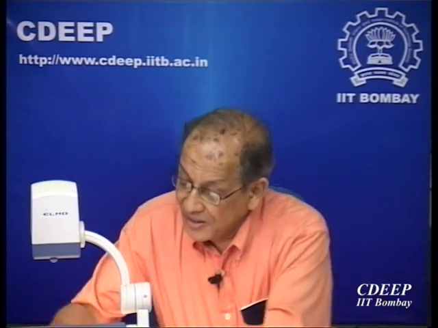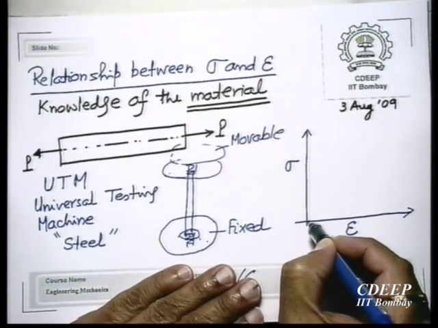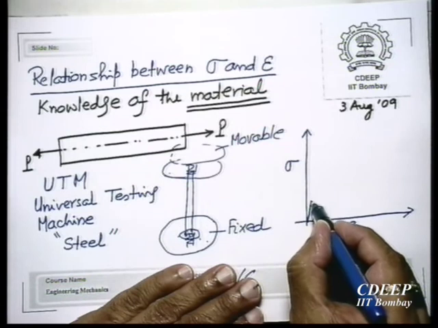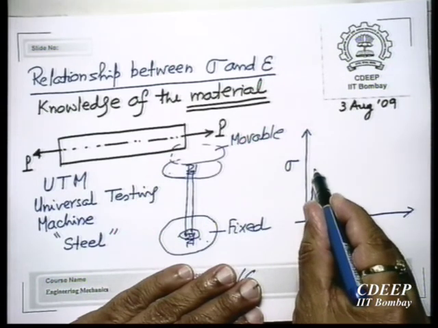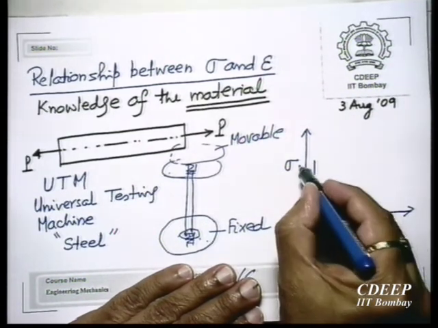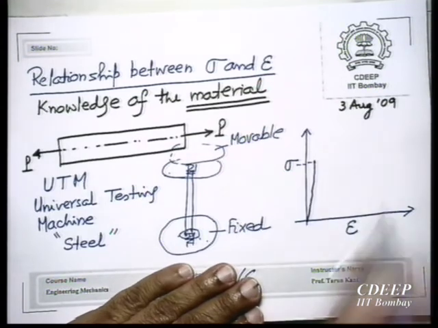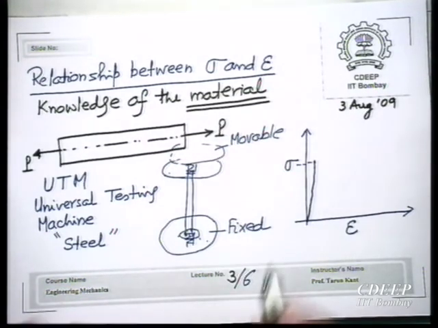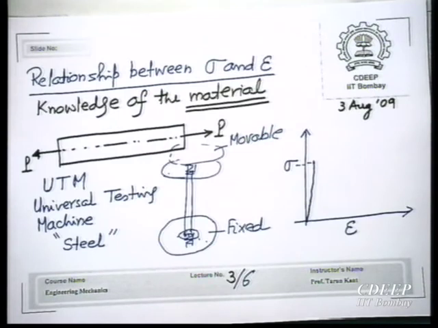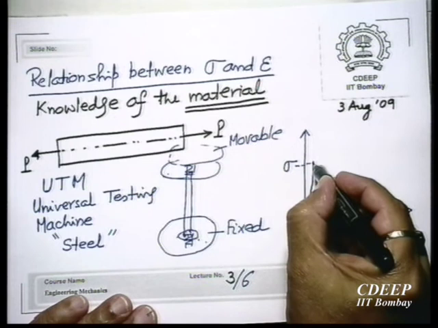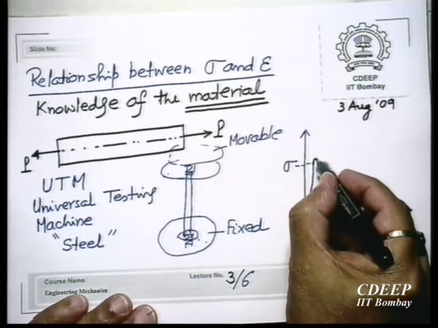If you load it, the stress will change like this. Up to a certain point it is almost linear. Then it goes on, as you are changing slowly. It has to be done very slowly, not at a fast rate. Then it goes up and a little down.